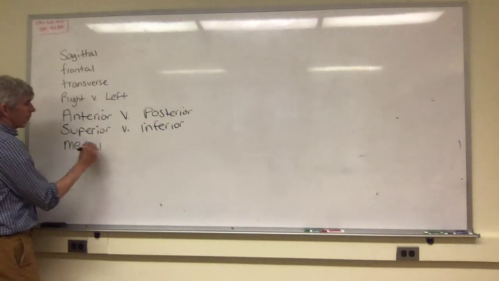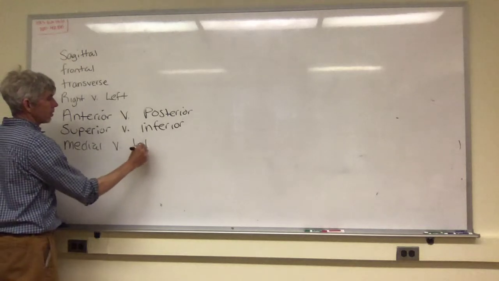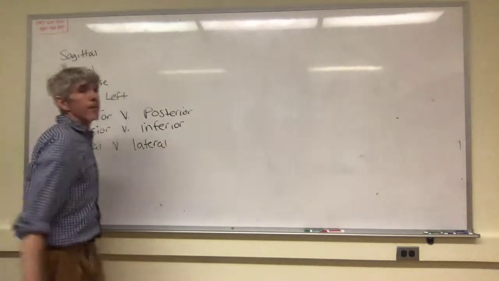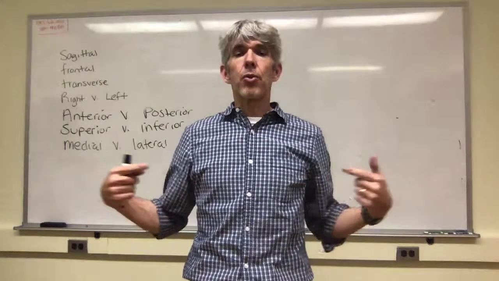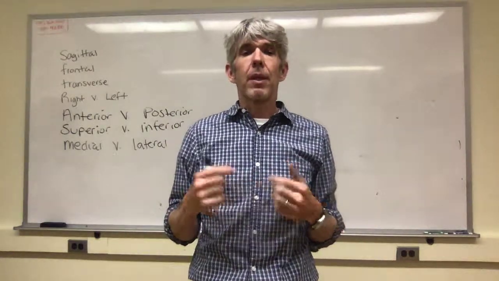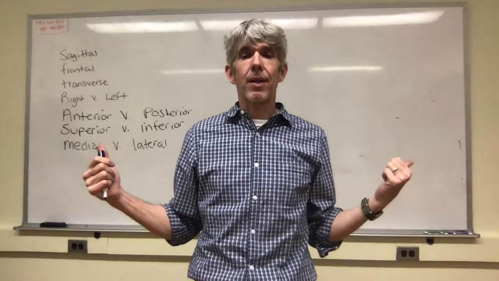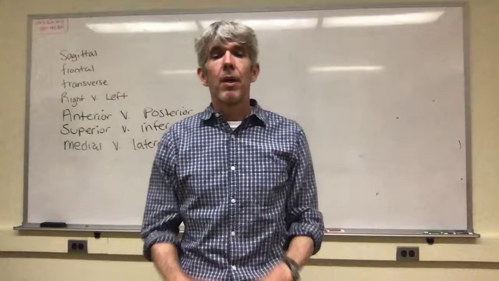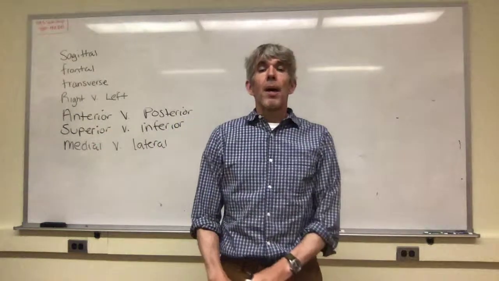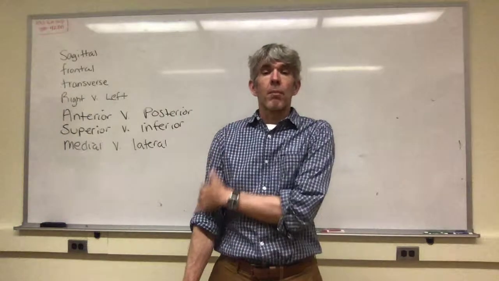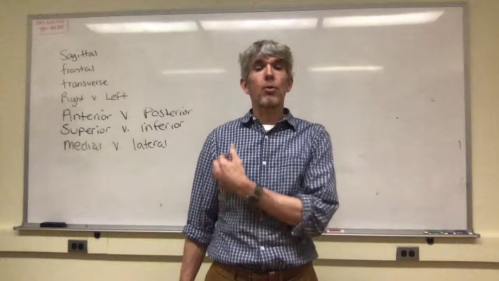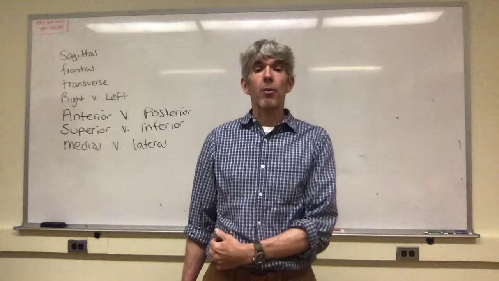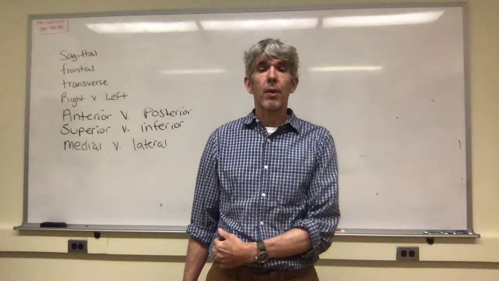Medial versus lateral. All right, if we take a mid-sagittal section, medial is toward that section and lateral is away from that section. All right, so my upper limb is lateral to my thoracic wall and it's lateral to my abdominal wall, right?